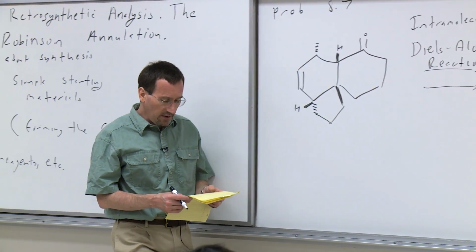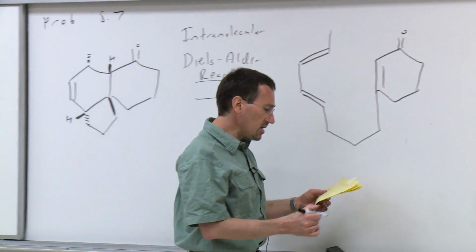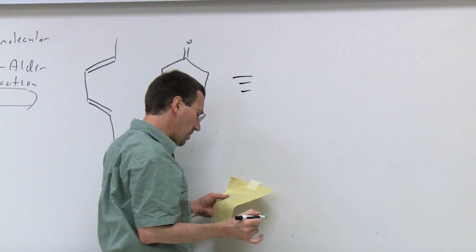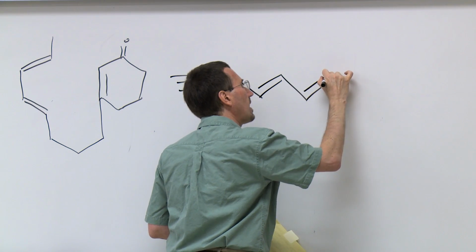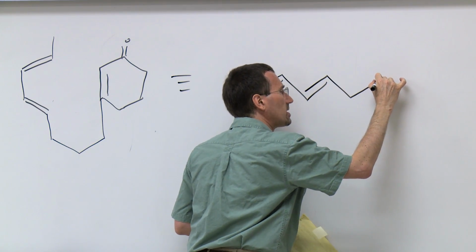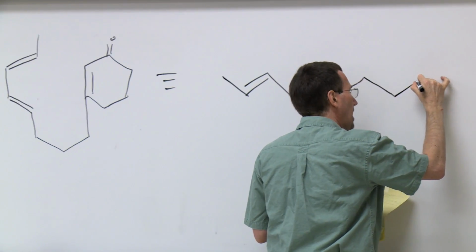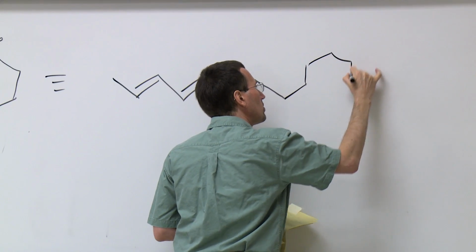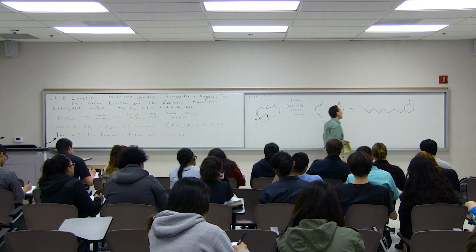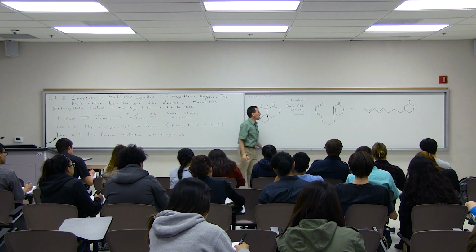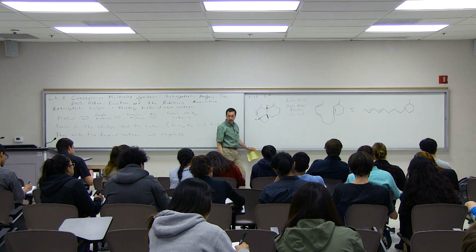Now, in looking further at this reaction, I just want to go ahead and rewrite this so we can see this molecule now, because now we've reduced this to a much simpler molecule. We've reduced it to a molecule that contains a cyclohexenone and a diene.